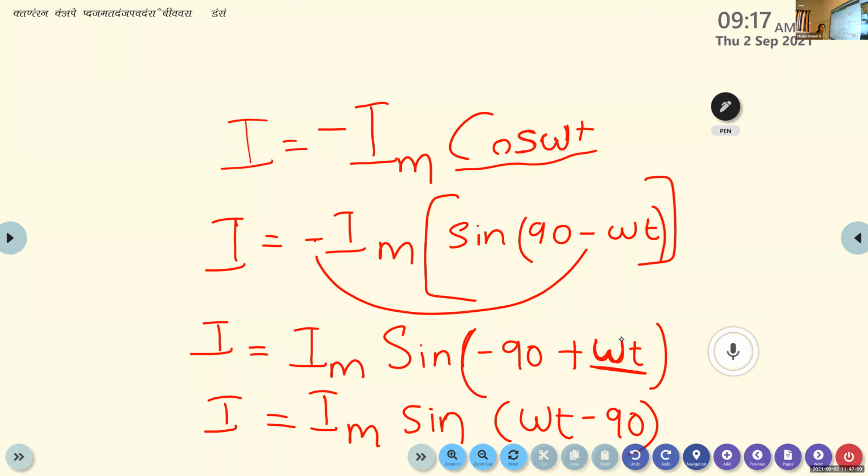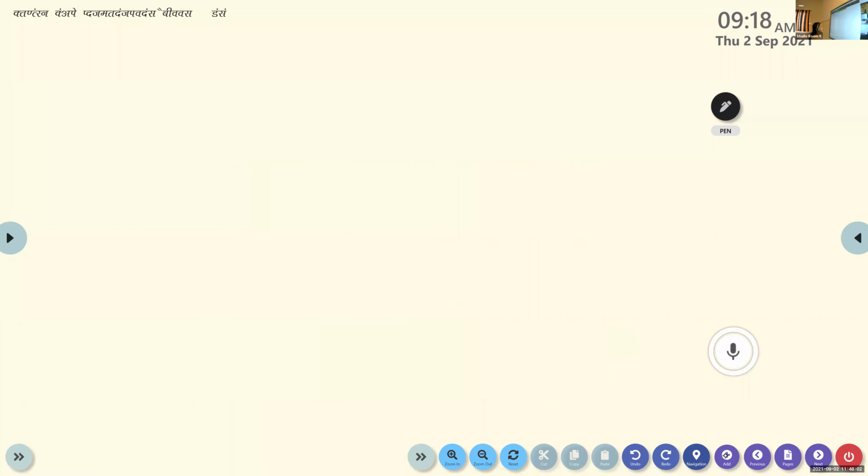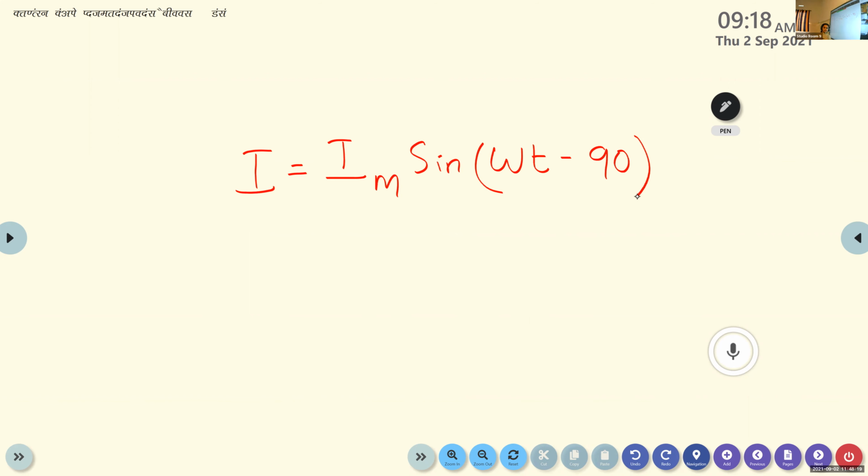It becomes I is equal to Im sin omega t minus 90. So here we get the value of current, I is equal to Im sin omega t minus 90. This is the value of current that is generated in an inductor when it is connected to an alternating source of EMF, V is equal to Vm sin omega t.